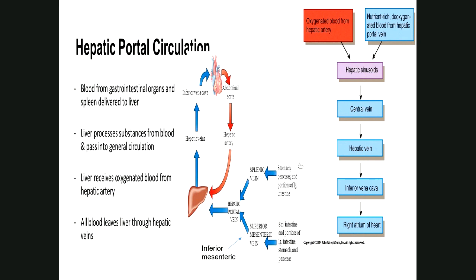So that blood's going to go through these organs, and it's going to come through the veins back into the hepatic portal vein, bringing that deoxygenated but nutrient-rich blood back into the liver for processing. All of this is going to be processed in the liver, into the hepatic veins, back into the inferior vena cava, into the circulation. So that's what we call the hepatic portal circulation.